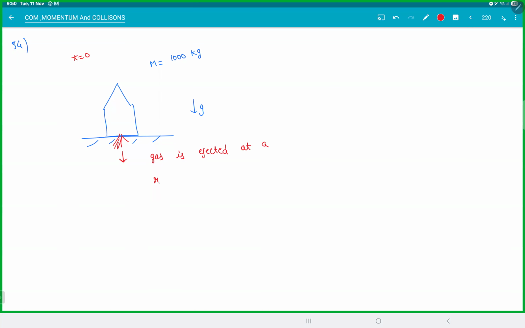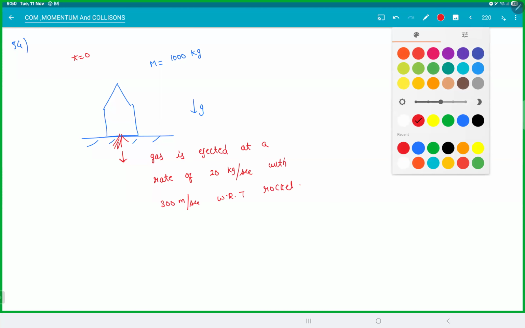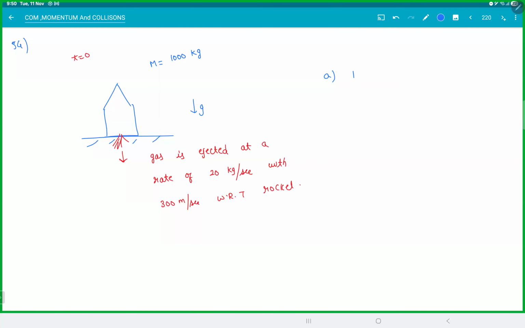The gas is ejected at a rate of 20 kgs per second, with, let's say, 300 meters per second with respect to the rocket. So the first question, find the time when the rocket lifts off.